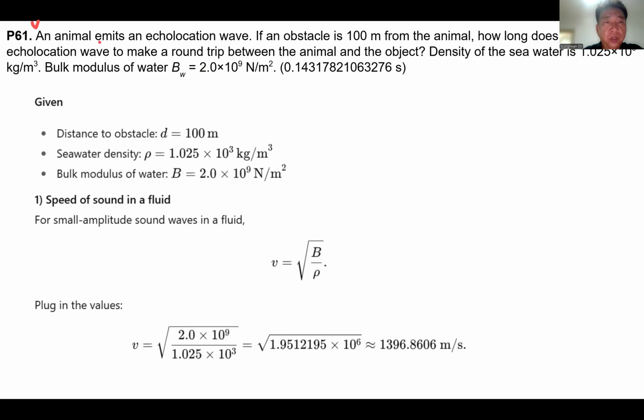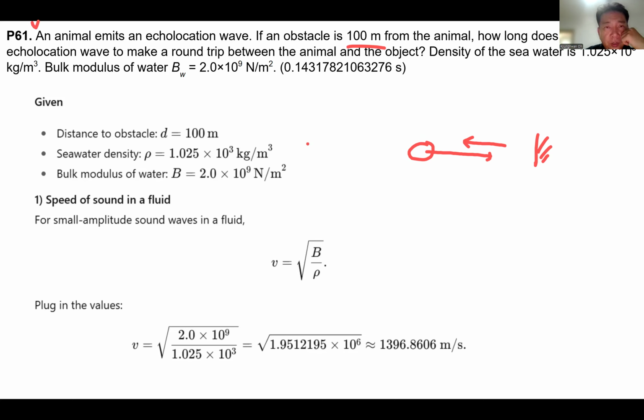An animal emits an echolocation wave, and an obstacle is 100 meters from the animal. How long does it take for the echolocation wave to make a round trip between the animal and the object? So here is the animal, and here comes the object. It's like this.